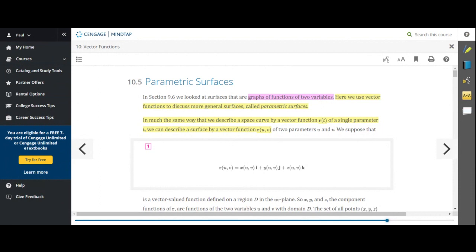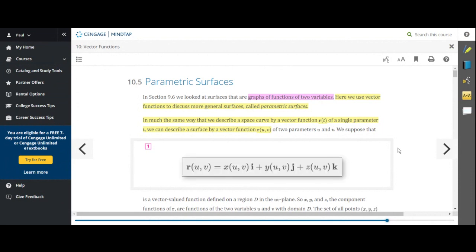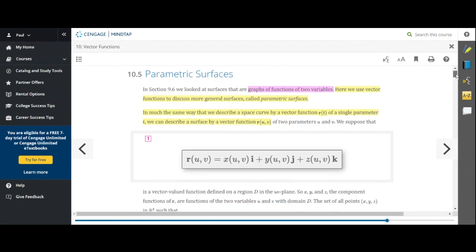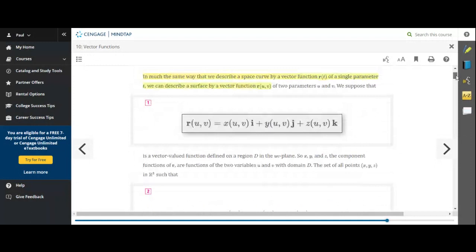Now we're going to describe a surface by a vector function of two parameters, u and v. Okay, and so this is the format in which we're looking at. And you might wonder, well, how can we describe a surface with a vector function of two variables? I mean, that's a little strange, right? How does that work? How can that be?